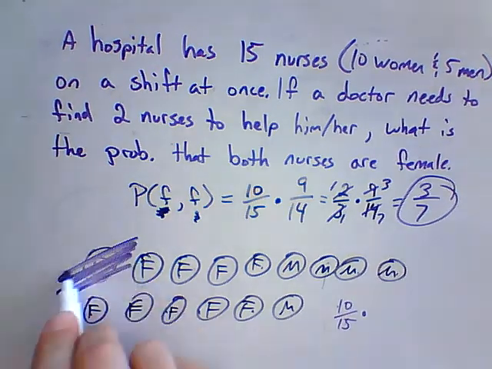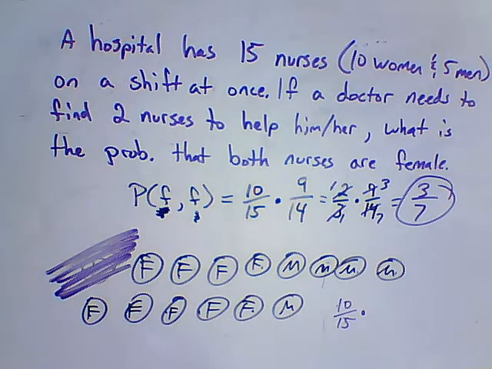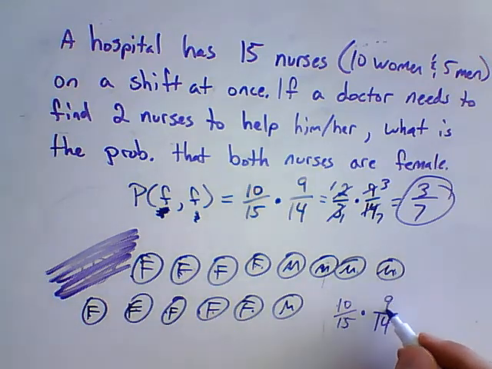And then I cross one out because I've done that. Now there's only 14 total. And 9 females. Right? And then you stop because I only need 2 people.